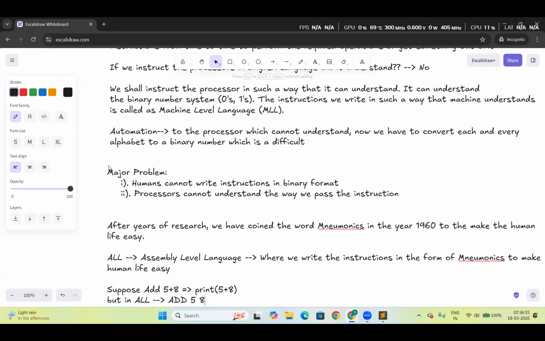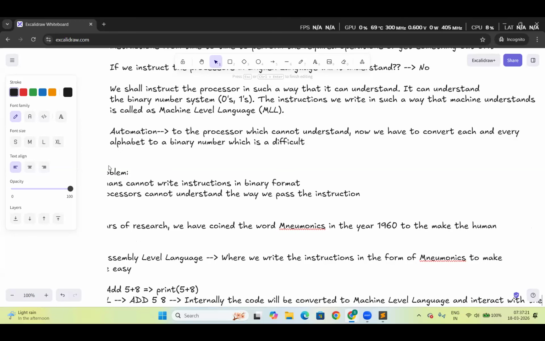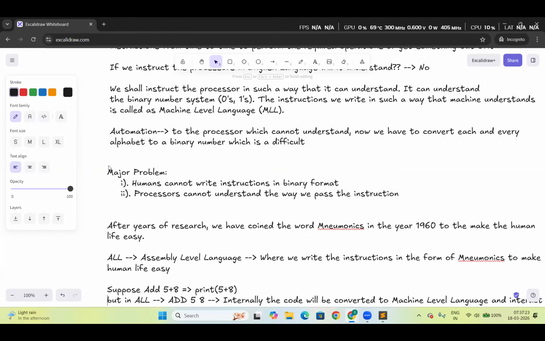When I say add 5, 8, what does it do? Internally, the code will be converted to machine level language and interact with the processor. This is the first ever programming language that has been invented, guys. That is ALL, assembly level language. Clear?